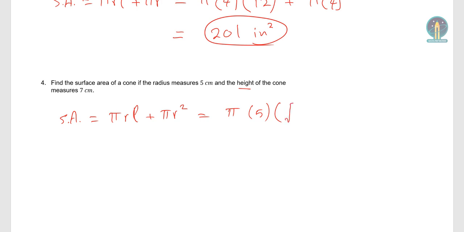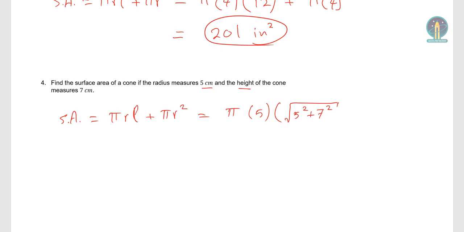But again, it's very similar to the pyramid, right, where the slant height is like the hypotenuse in a right-angled triangle, right? So if this is the cone, the radius is 5, the height of the cone is 7, so the slant height L is essentially the square root of 5 squared plus 7 squared, right?